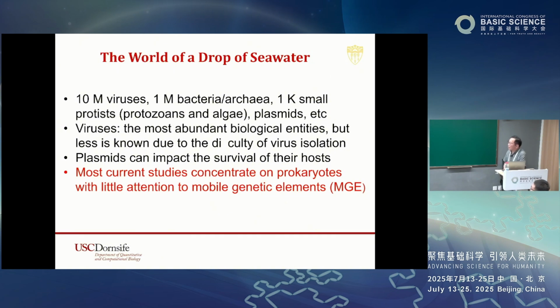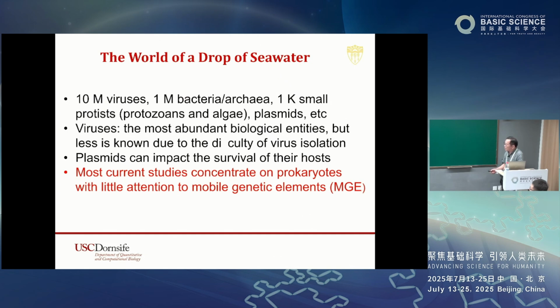Here is some simple data from the water, because my collaborators are mostly marine biologists. You can see from this data that the number of viruses is about 10-fold higher than the number of bacteria and archaea.